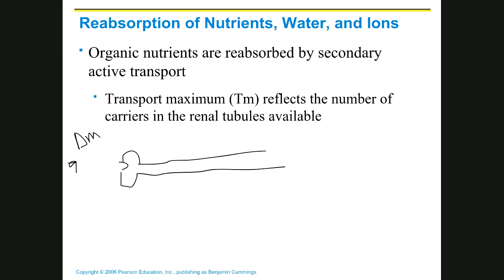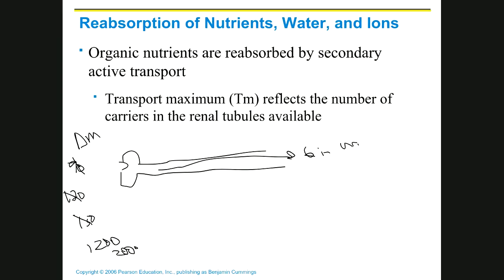It might be 120. That's okay. It might be 150. Now you're starting to get up there, but it could be as high as 1,200 or 2,000 or even higher. But every single glucose above the transport maximum is going to wind up in your urine. So you're going to have glucose in the urine.